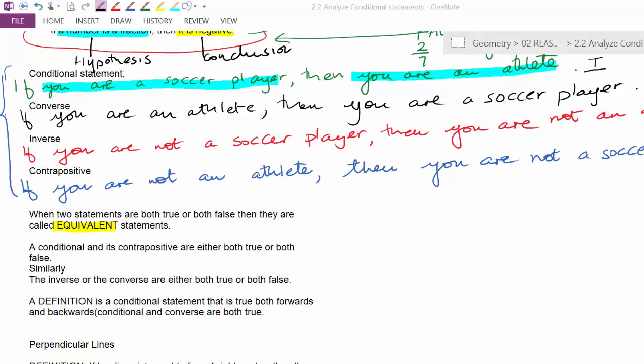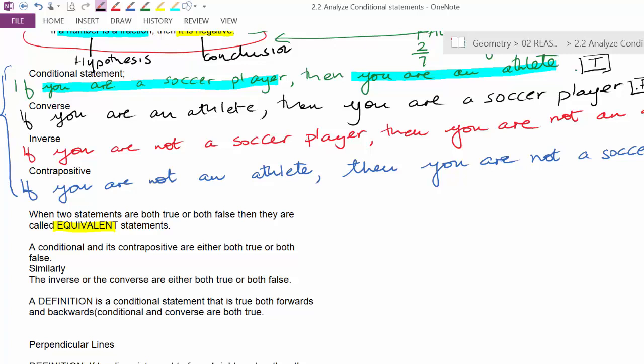If you're an athlete, then you're a soccer player. That is not true. That is false, because you could be a cricket player. If you're not a soccer player, then you're not an athlete. That is also false, because I could be playing some other sport.